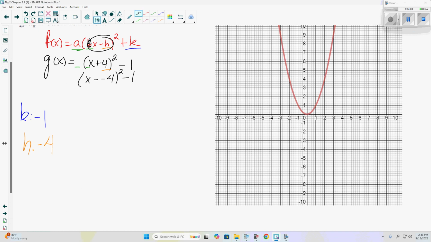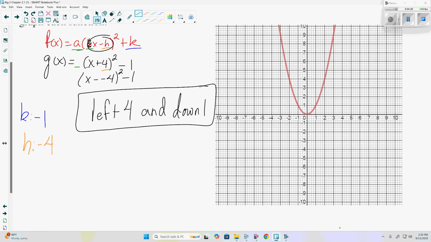Okay. Now let's describe the transformation. So h tells us left or right. And since it's negative, it's going to the left. How far? 4. And the minus 1, negative 1 for K would be down 1. Left 4 and down 1.